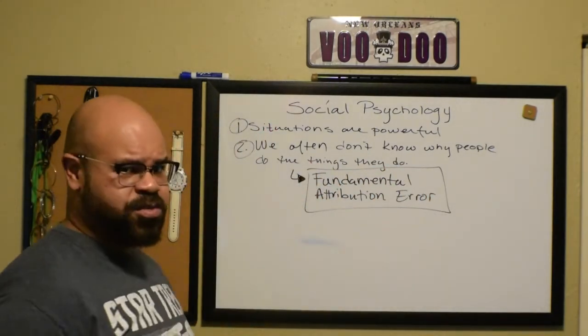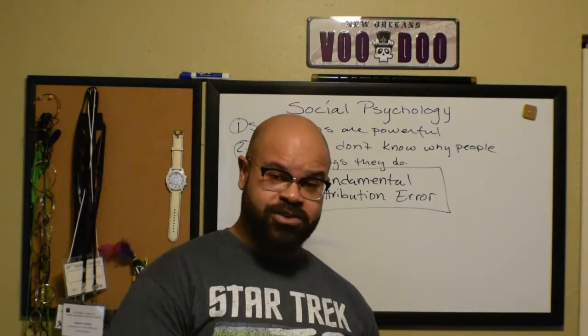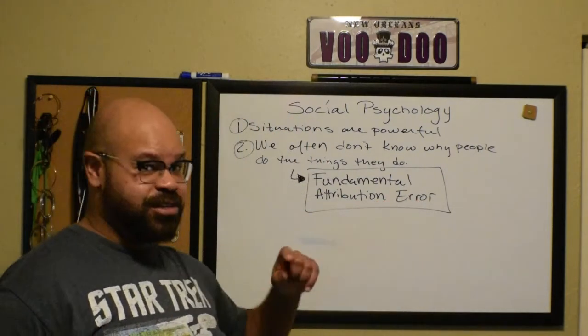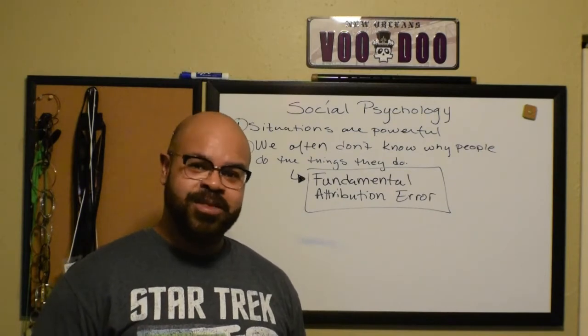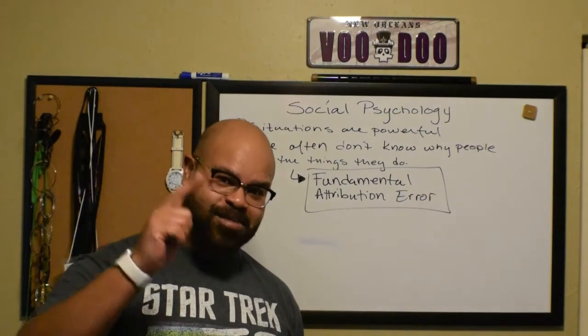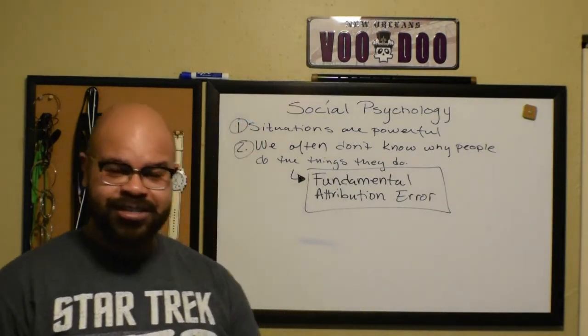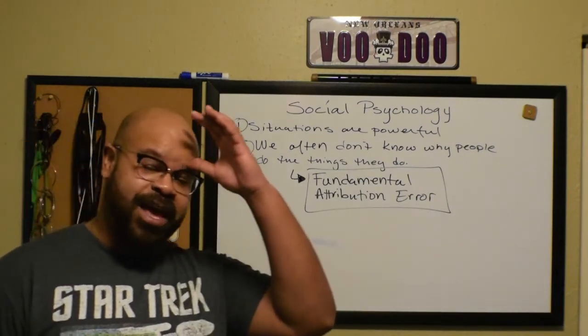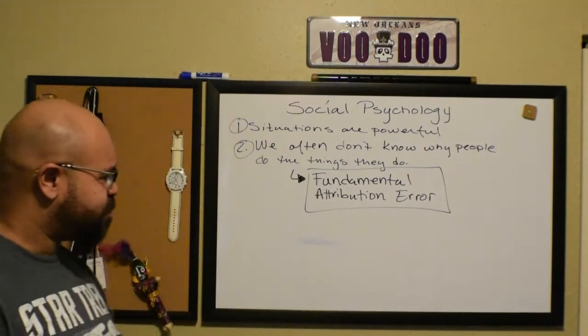Now, fundamental just means the most basic, right? The foundation. So what they're saying up front is that this type of error is fundamental. We do this so often that we've called it the number one, the fundamental, the most basic error that we make in terms of judging other people's behaviors and thought processes.